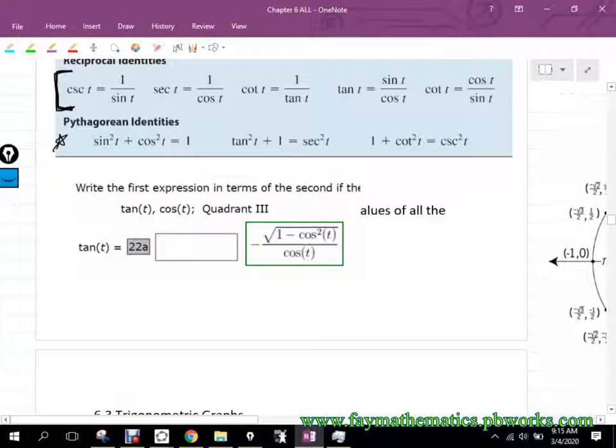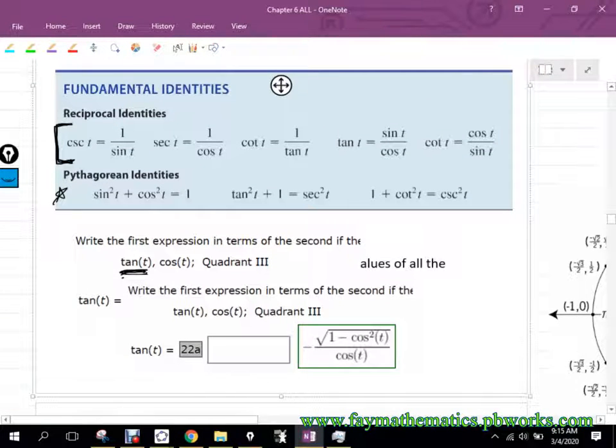What you're going to do is you're going to say, okay, I'm starting with the tangent, and I need to get it so it's written in cosine. So I need to look at these up here and say, okay, which ones involve tangent and which ones involve cosine at the same time? And none of them use the word tangent and the word cosine at the same time, correct? Yes. But does any of them use their reciprocals?